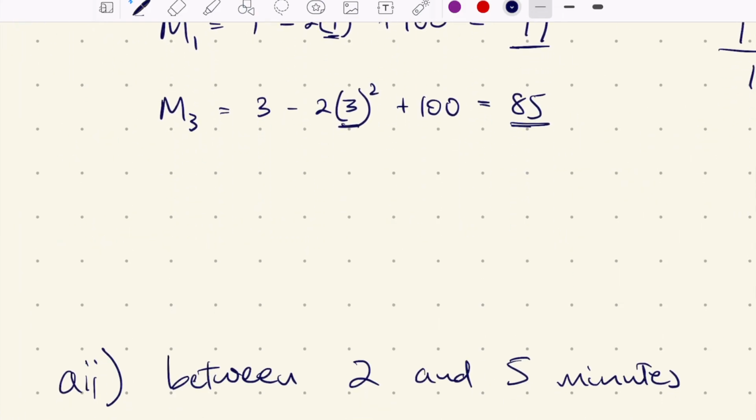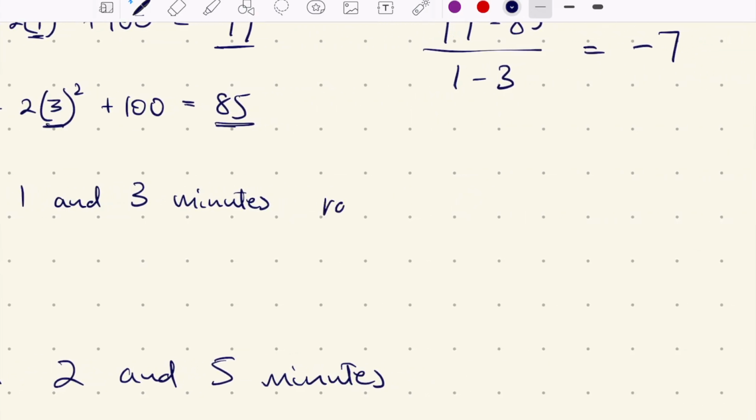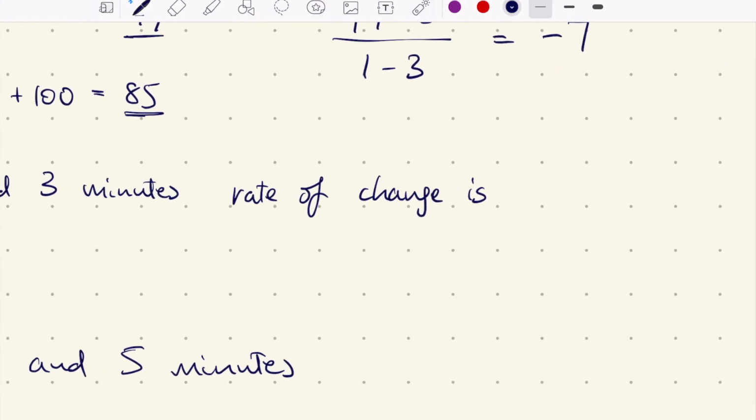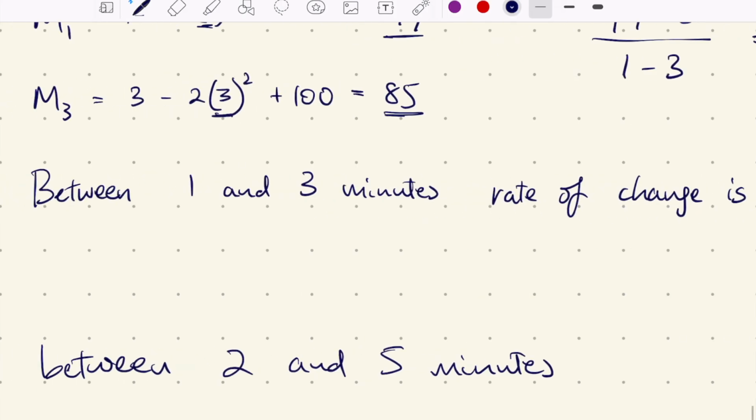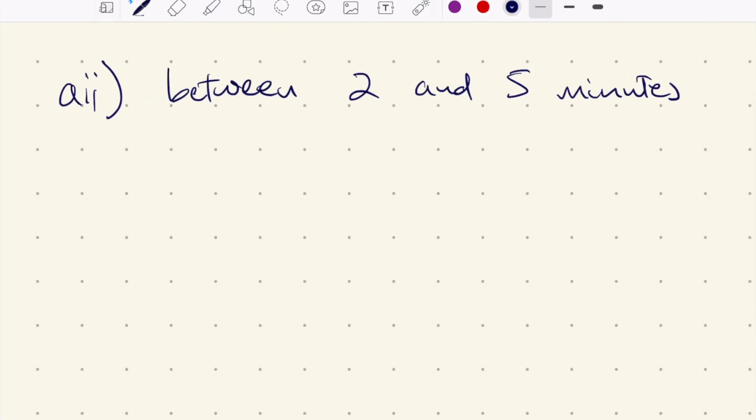So that means between 1 and 3 minutes, the rate of change is minus 7 grams per minute. We do the exact same thing with between 2 and 5 minutes.